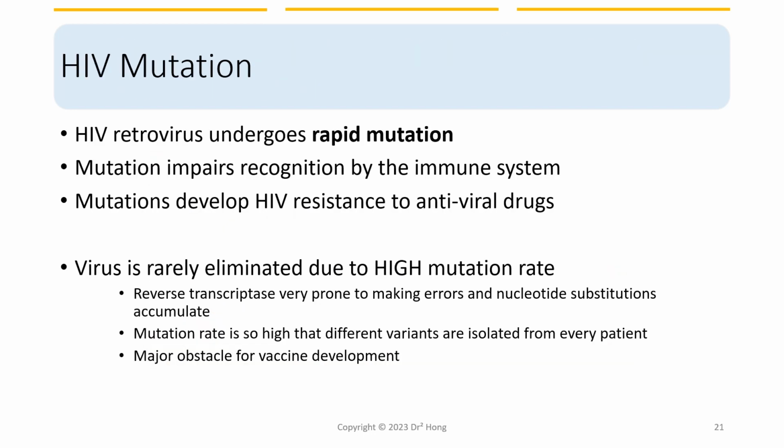The HIV virus is a challenging pathogen to eliminate due to its unique characteristics. Unlike other pathogens, HIV is a retrovirus, which makes it even more error-prone during replication and transcription. Mutations occur rapidly, resulting in different strains isolated from each individual patient.